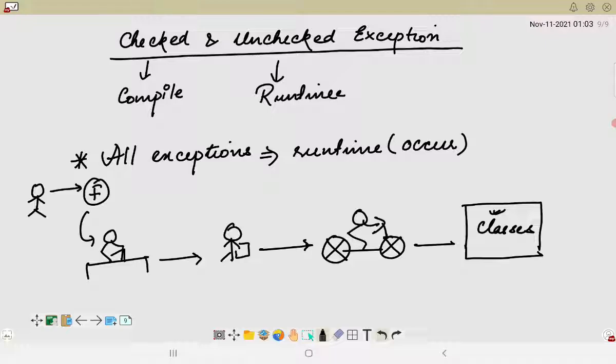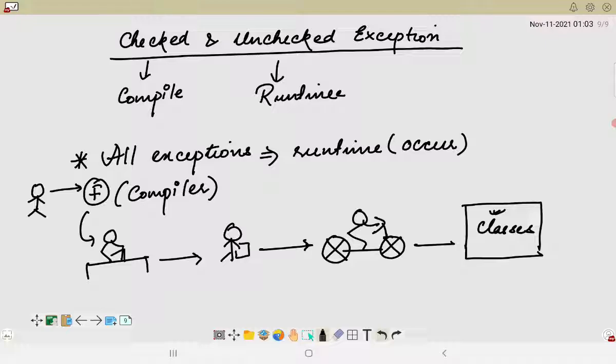So all these checks are given by the father before the person executes his normal routine, before the person reaches his classes. This particular person who is giving the check is nothing but the compiler, who is giving a check to the program that you might be facing certain problems during your execution, and these are the things that you have to take care of.